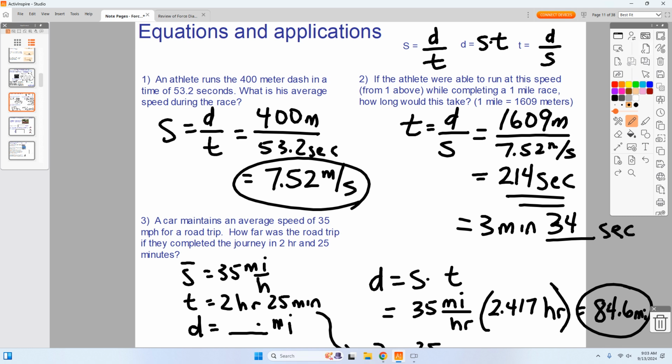I want to know the speed of that car. You're measuring distance, you're measuring time. All right, have at it. See what you can do.